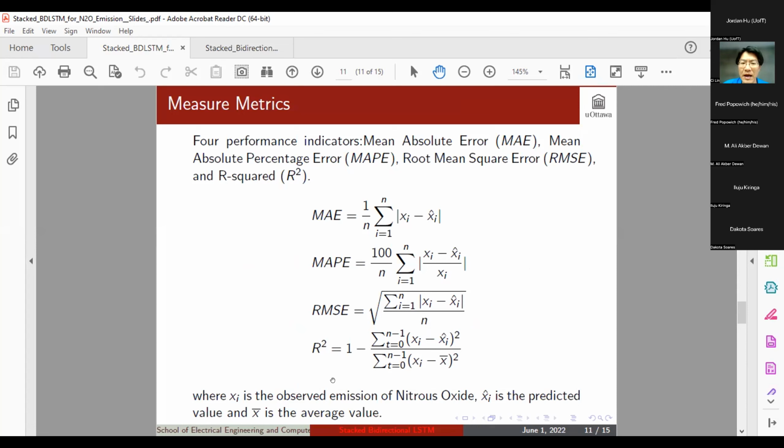For the R squared, if the value we get is closer to 1, the better the performance. Okay, the S_i here is the observed emission of the nitrous oxide, S_i hat is the predicted value, and S bar is the average value.